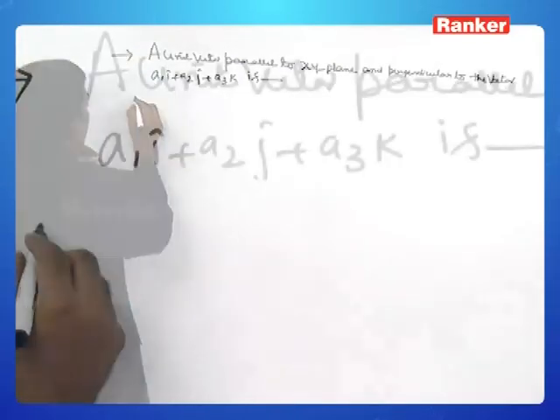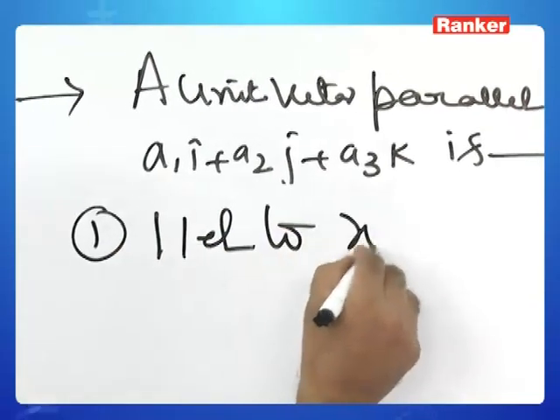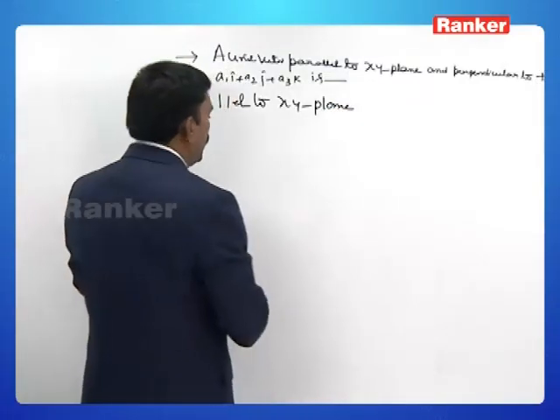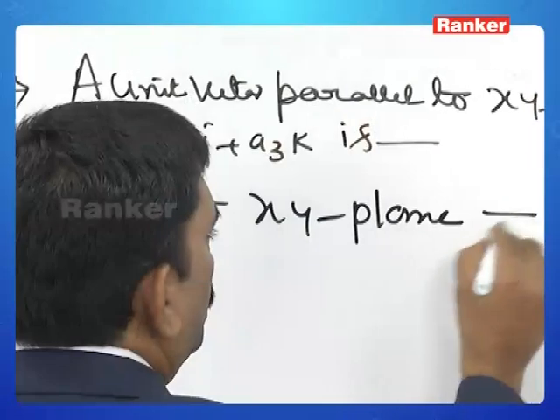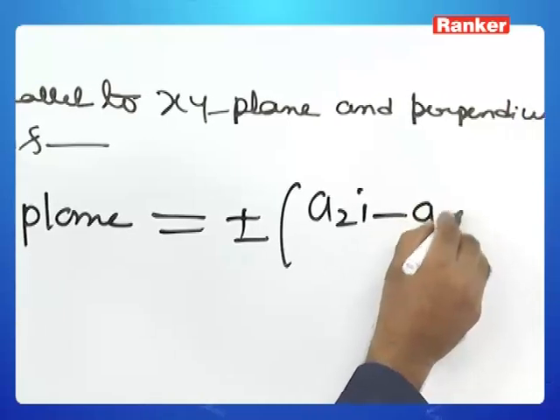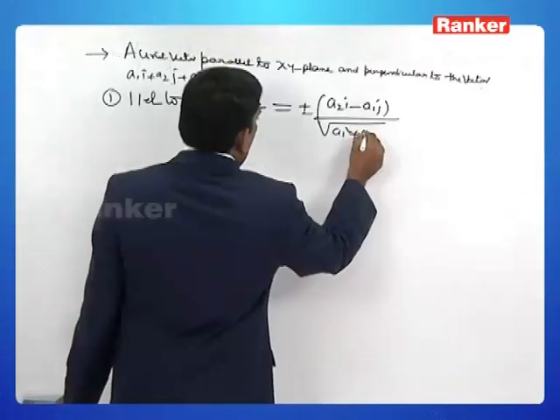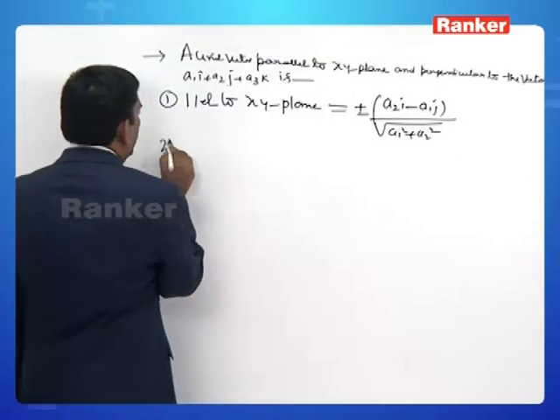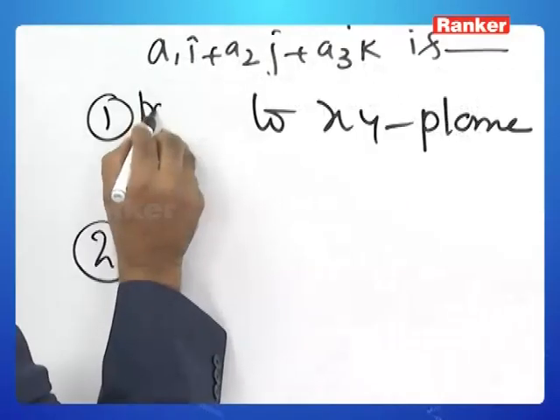First one is parallel to xy plane. When it is parallel to xy plane, it is plus or minus a2 into i, a1 into j by square root of a1 square plus a2 square. So therefore, this is parallel.